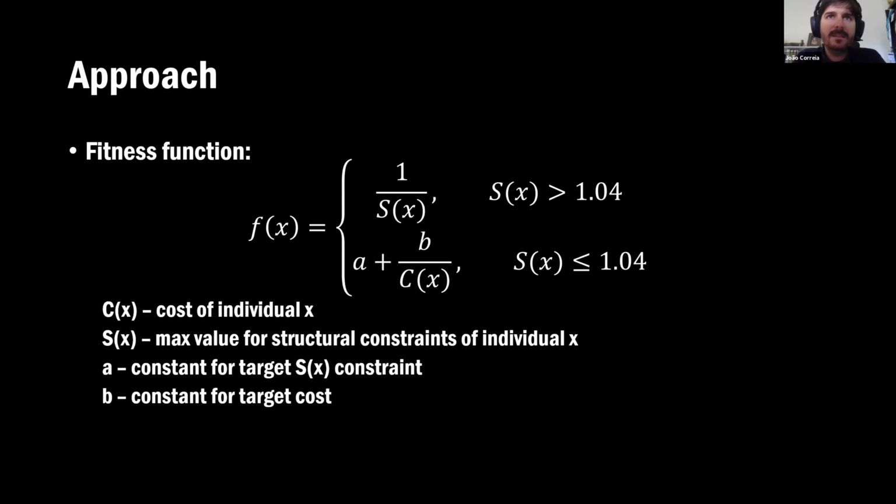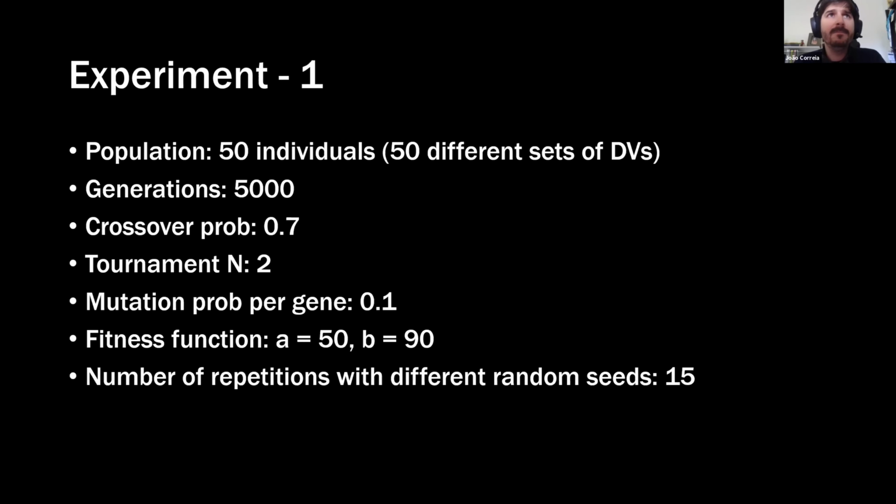Here we have the cost of an individual being C of X, and the maximum structural value of an individual being S of X. We define some constant target variables to try to guide our algorithm to come up with an optimal solution. And we try to do this in three phases.